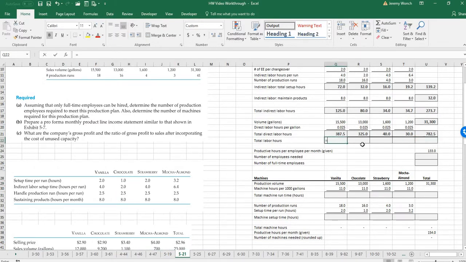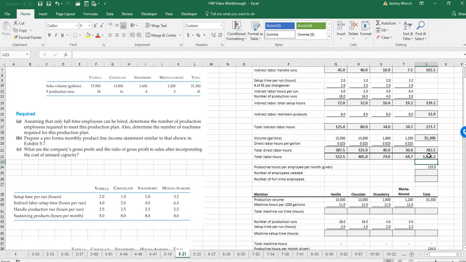The total is going to be the indirect plus the direct. So the total number of hours it's going to take, both direct and indirect, to make all this ice cream is just over 1,000 hours.